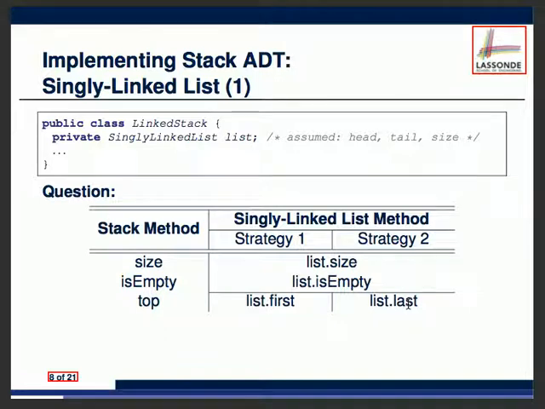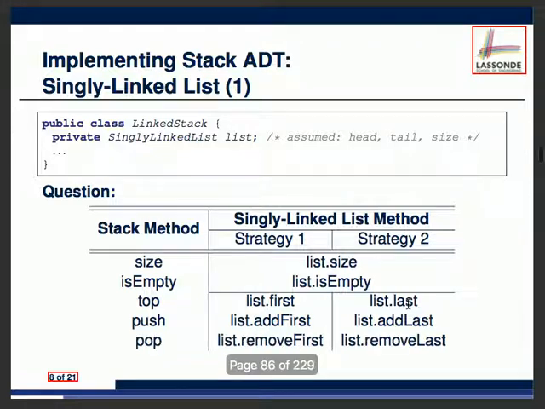Now, what about push? How would you do the push for the first strategy? Add first, right? Good, and the second one, add last. Oh, that's easy. What's the running time for both? Constant, right? So there's no difference in terms of this operation here. Okay, very good. And what about pop? Since for the first strategy we treated the first of the list as the top, when you remove the top, you remove the first.